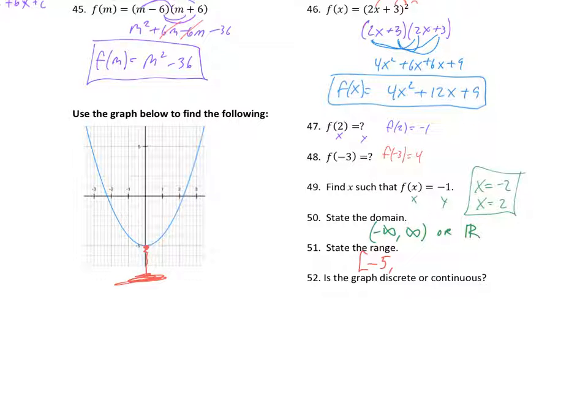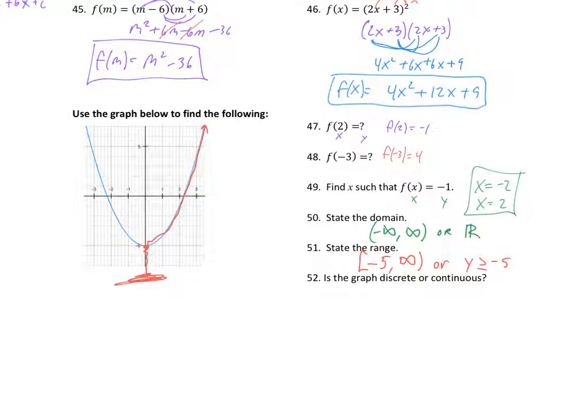I get some brackets since we're actually hitting negative 5. As you move up, try to see where the highest point of the graph is. Well, the graph's going to go up forever. So it'll be from negative 5 to infinity. Or you could say that y is greater than or equal to negative 5.